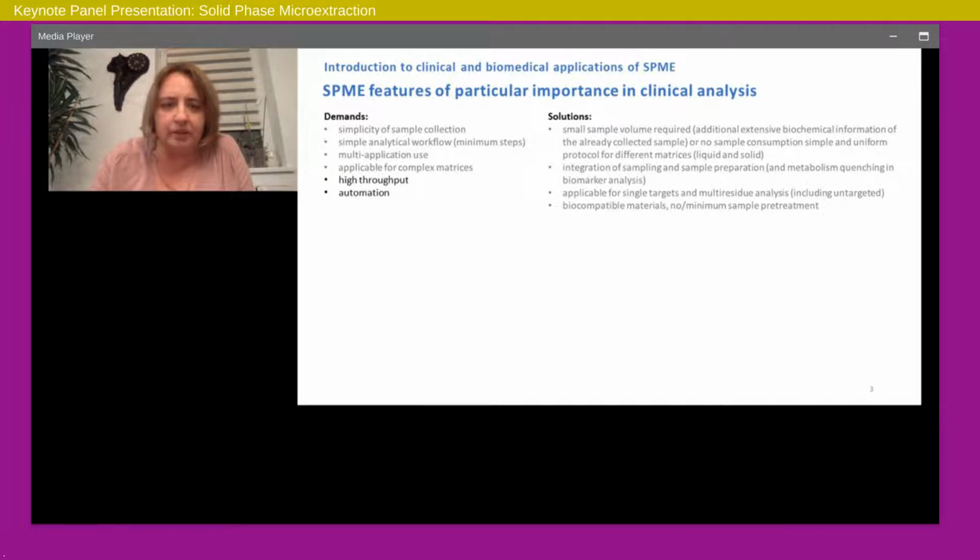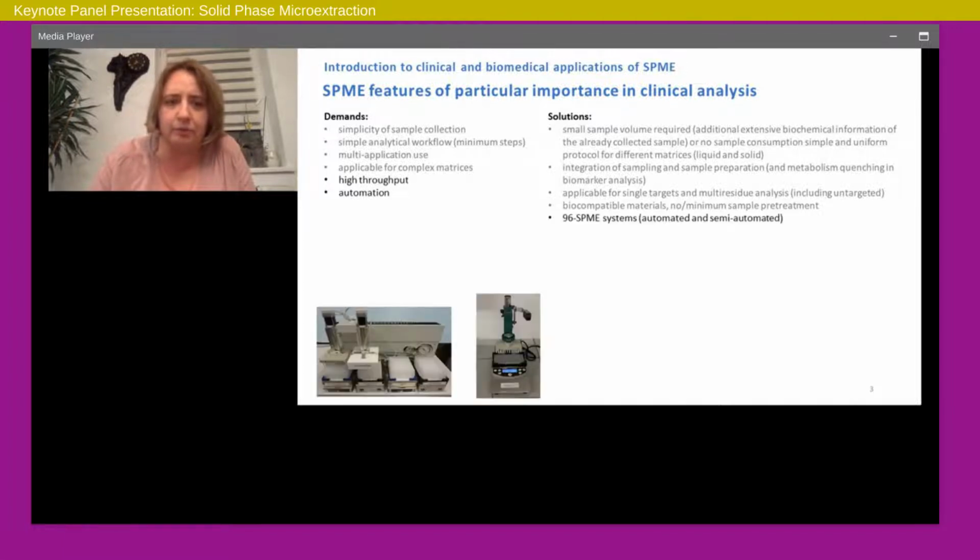Okay, so another two things which are necessary to be fulfilled in the lab are high throughput and automation. And in fact, as Janusz already mentioned in his part, we have the automated system that basically covers all steps in the SPME workflow, which is preconditioning, extraction, wash, desorption, and on top of that we can do evaporation and reconstitution.